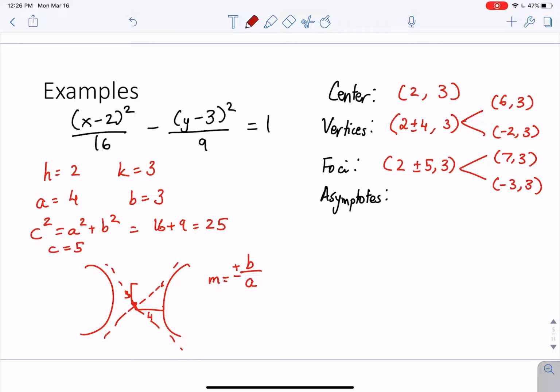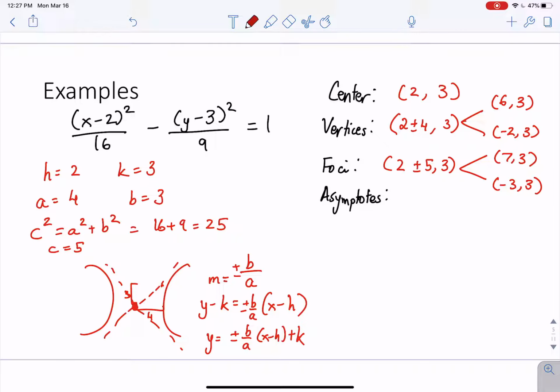The equation of it has to pass through the center, so I can do y minus y1, which is the k value, equals our slope, x minus x1, which is the h value. And the slope we know is plus or minus b over a. Typically, you'll see this written with the k value on the other side as well, like that.